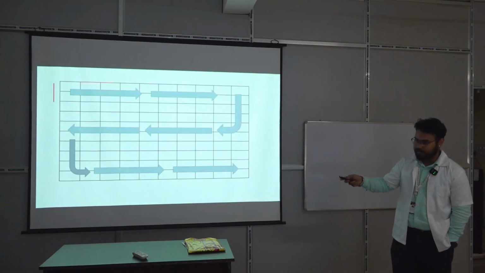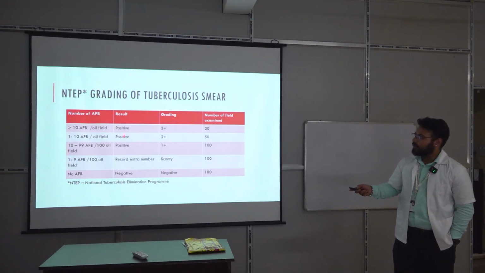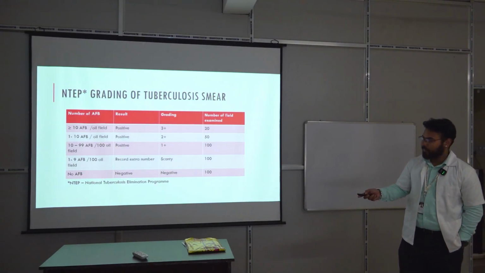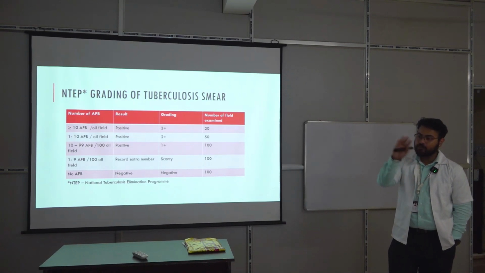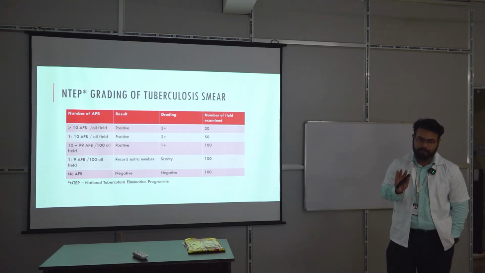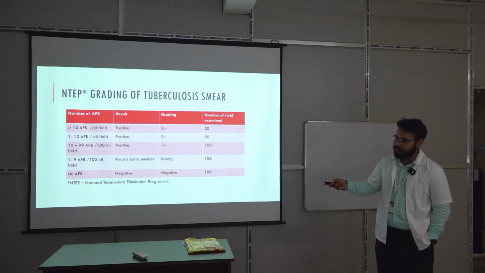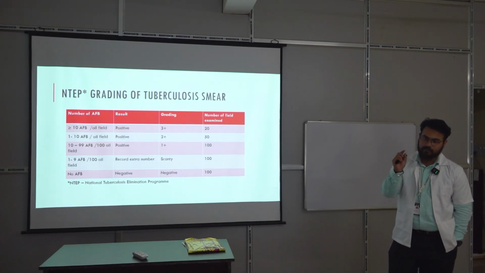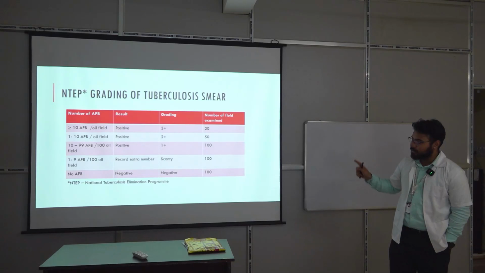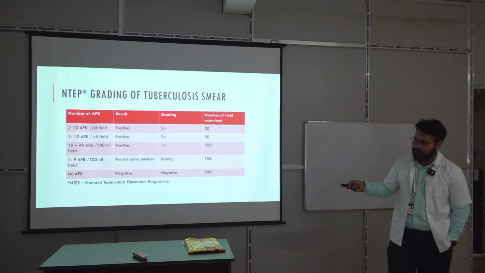If you see 100 fields, in total you find 1 to 9 bacilli, the grading will be scanty. In case you see 10 to 99 bacilli over 100 fields, it will be 1 plus grading.